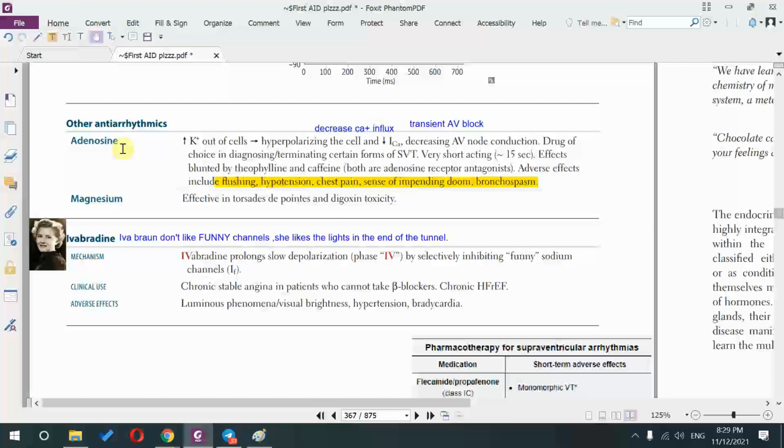There also will be a decreased AV node conduction. Before I continue, guys, is adenosine long acting or short acting? It's ridiculously short acting, guys. It just acts for seconds. A drug of choice for diagnosing or terminating certain forms of SVTs.